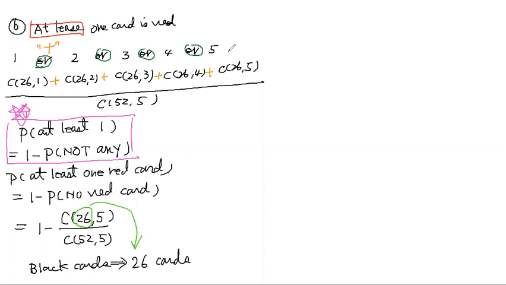Okay, so now the last part here. Let's say, what is the probability of 2 diamonds, 1 club, and 2 hearts?